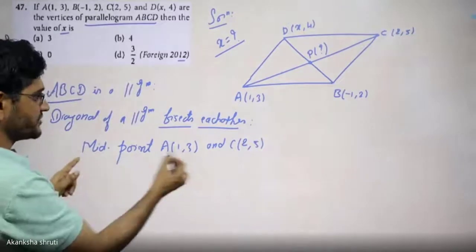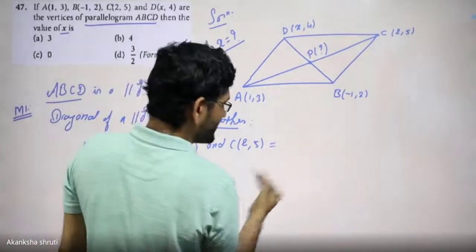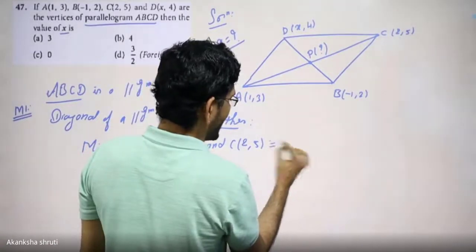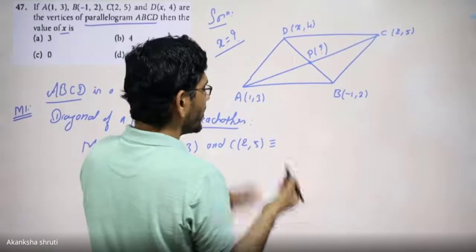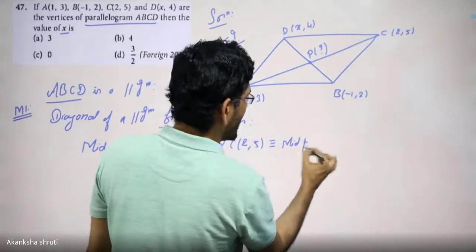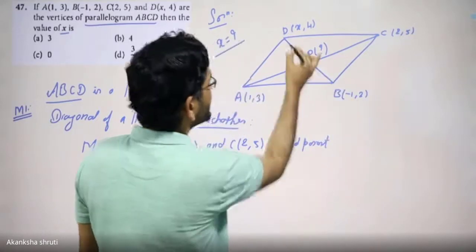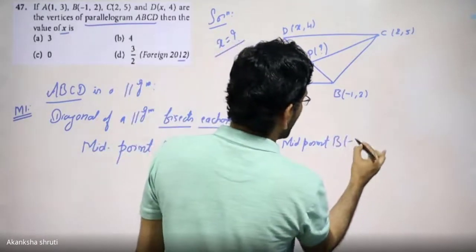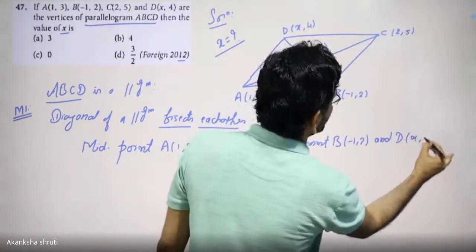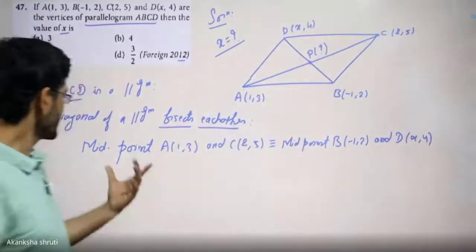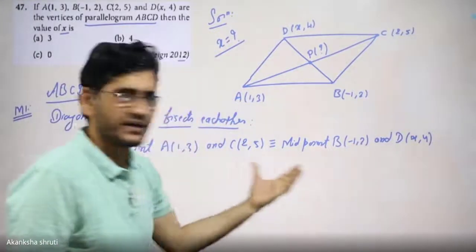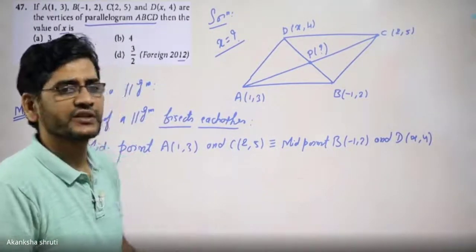So the midpoint of AC will be identical to the midpoint of the other diagonal BD, B(-1, 2) and D(x, 4). Now calculate the midpoint of AC and the midpoint of BD, equate them, and a simple equation can be obtained.